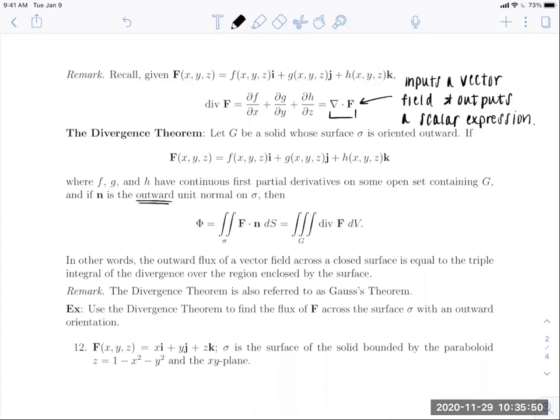In other words, the outward flux of a vector field across a closed surface is equal to the triple integral of the divergence over the region enclosed by the surface.